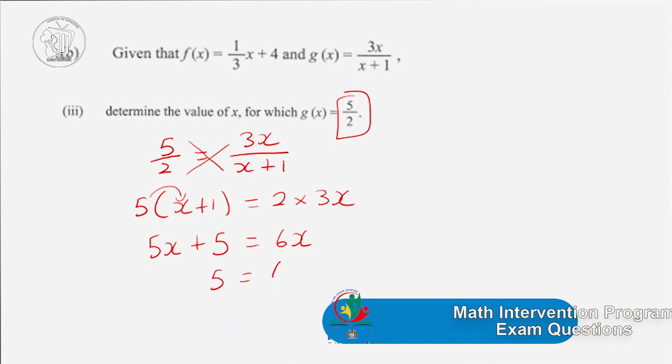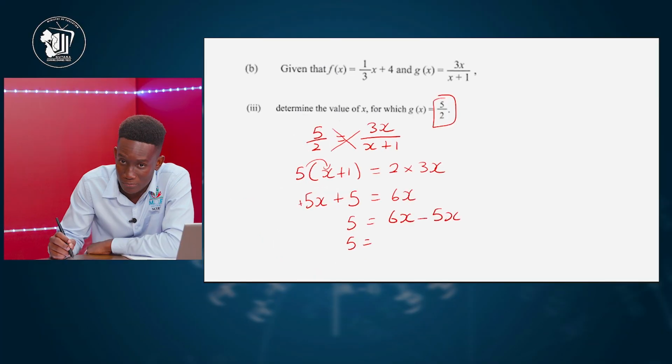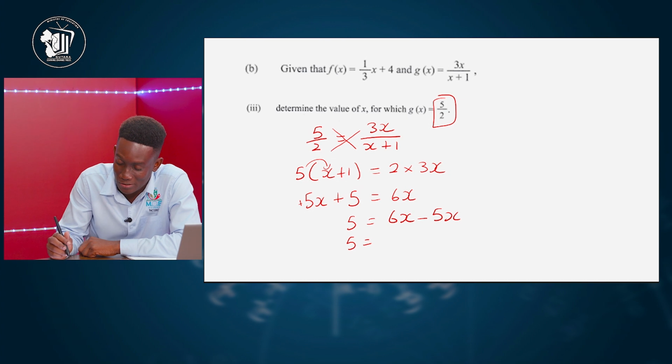We'll have 5 is equal to 6x minus 5x, because this is a plus, and when we take it over, it will subtract. 6x minus 5x would give me 1x.